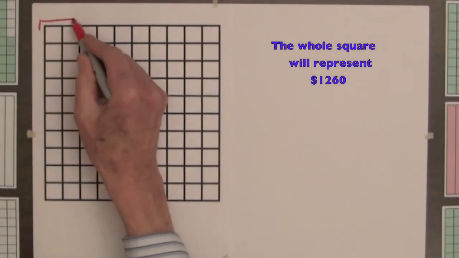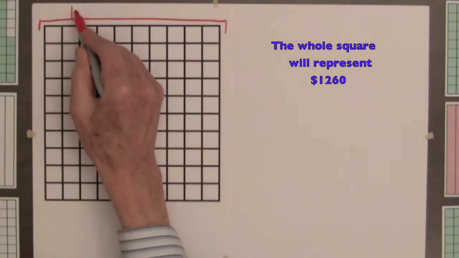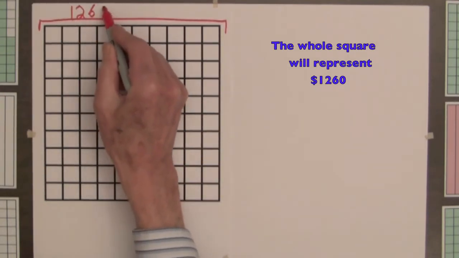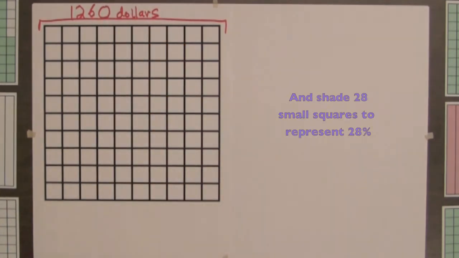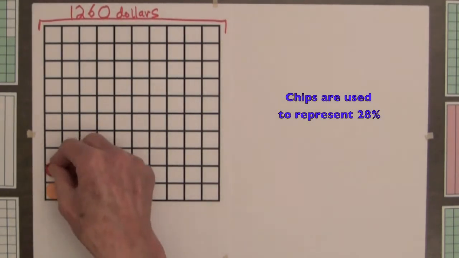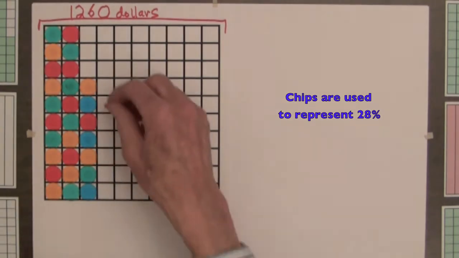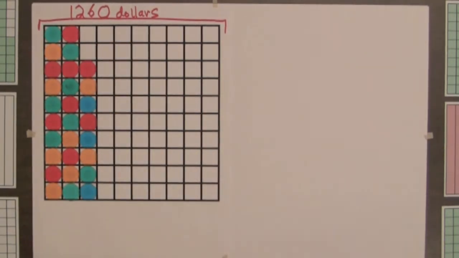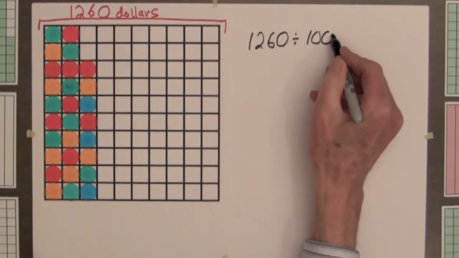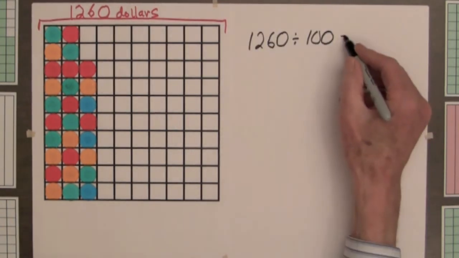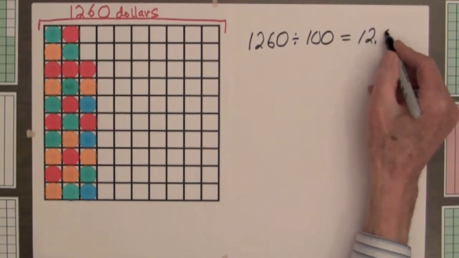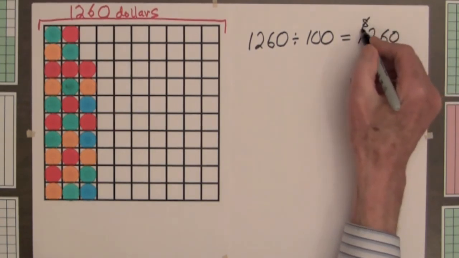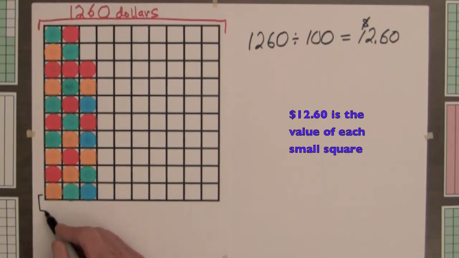We'll label the unit square and shade 28 small squares. And we'll use chips to represent 28%. Then we divide 1260 divided by 100 equals $12.60 as the value of each small square.